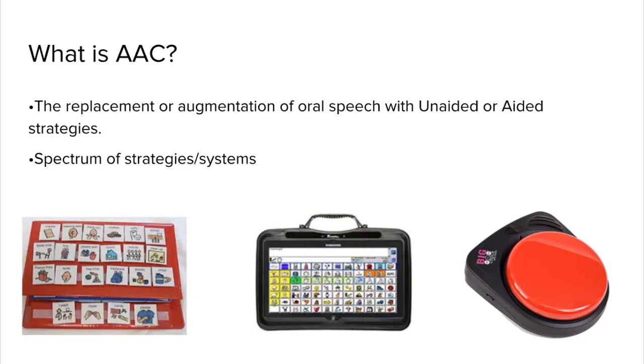And aided strategies are those which require something outside of your body to communicate. And this is a spectrum of strategies and systems. And when most people talk about AAC, what they're talking about is the replacement of speech with some type of picture-based communication system.